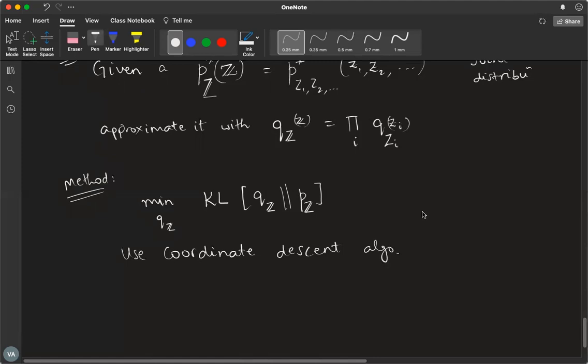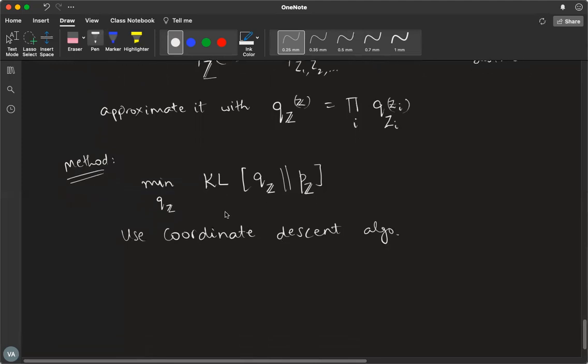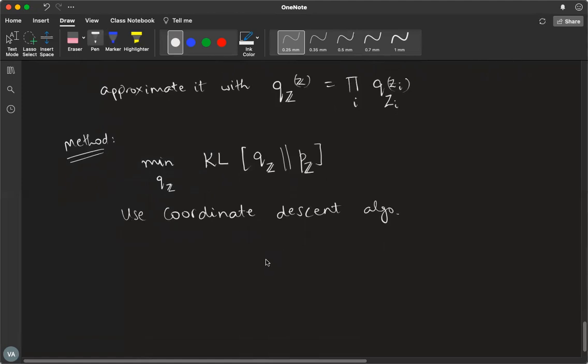So what does coordinate descent say? It says that instead of optimizing for all the parameters at once, you do it successively. You first minimize over one particular coordinate, and then go to the next coordinate and optimize with respect to that coordinate.